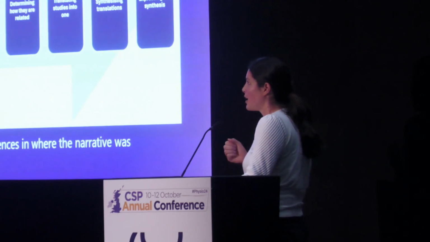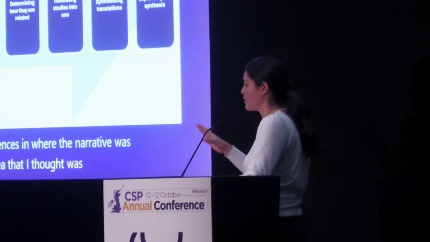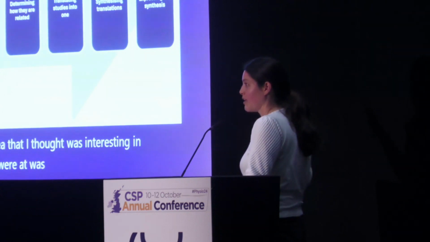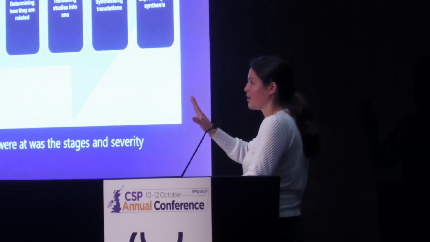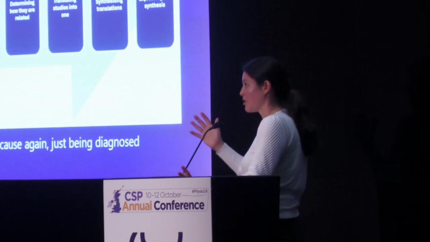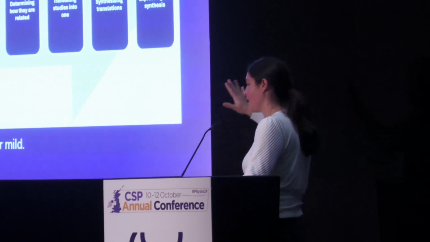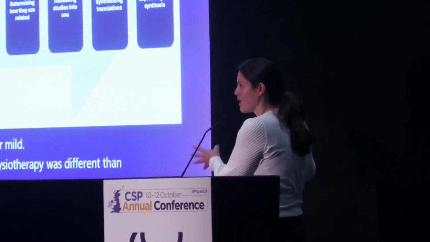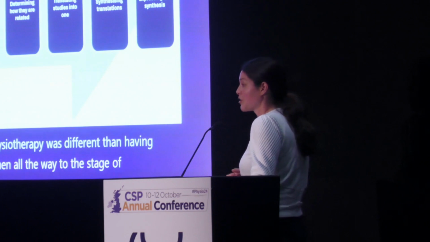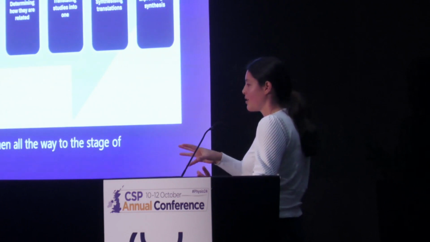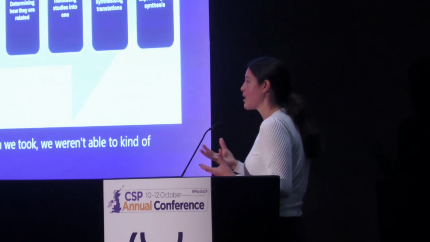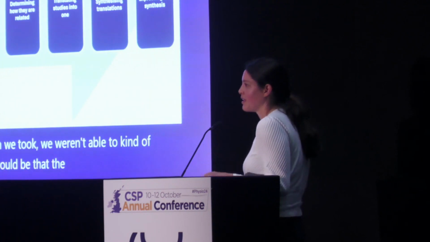But one area that I thought was interesting was the stages and severity of where they were at, because just being diagnosed and having a moderate or mild curvature and having physiotherapy was different than having progressive braces and then all the way to the stage of surgery. But the approach we took, we weren't able to pull that out because the evidence would be thin in a way.